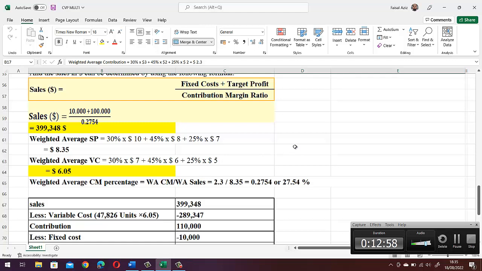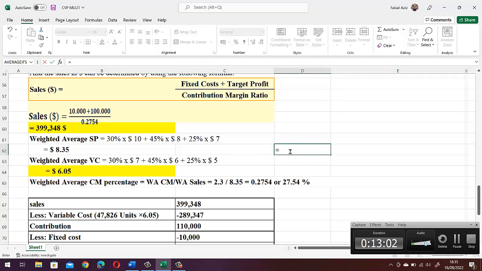So we can calculate the difference over here. This will be 8.35 minus 6.05, which gives us 2.3. This is the weighted average contribution.